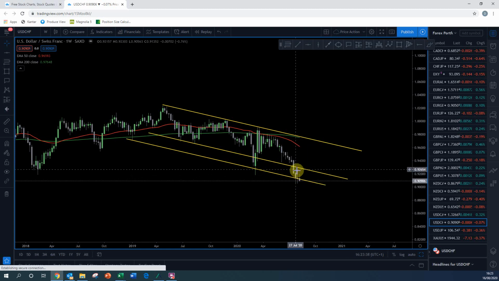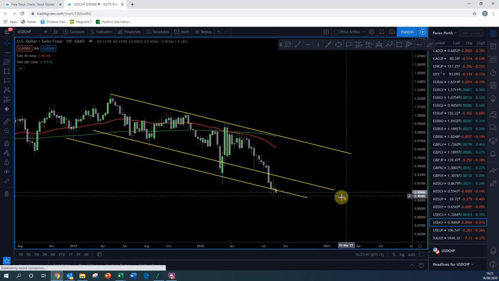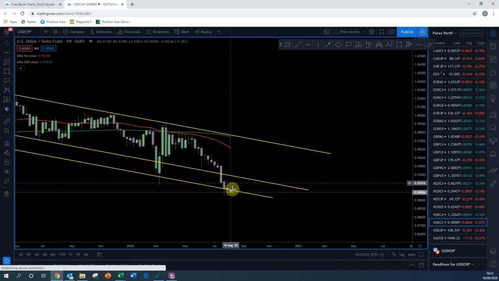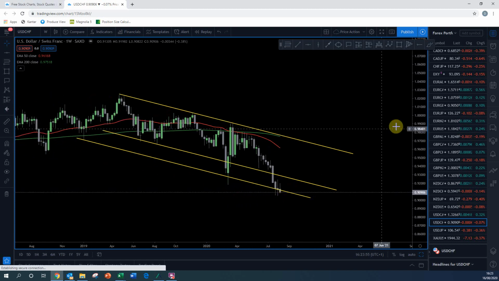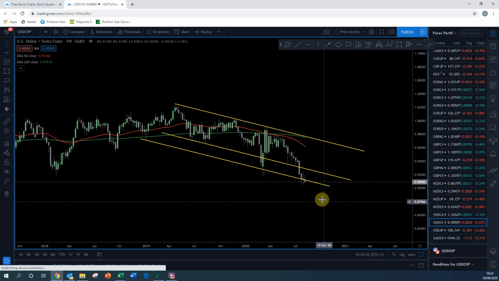And the last couple of weeks we had a lovely rejection, and then we had a little bit of indecision, and I was expecting a nice bullish candle here, but actually we finished on a very bearish candle in my opinion. We've got a long wick to the upside and it's finished close to the lows. It's broken this channel, and I think we could see this going lower, at least for next week anyway.